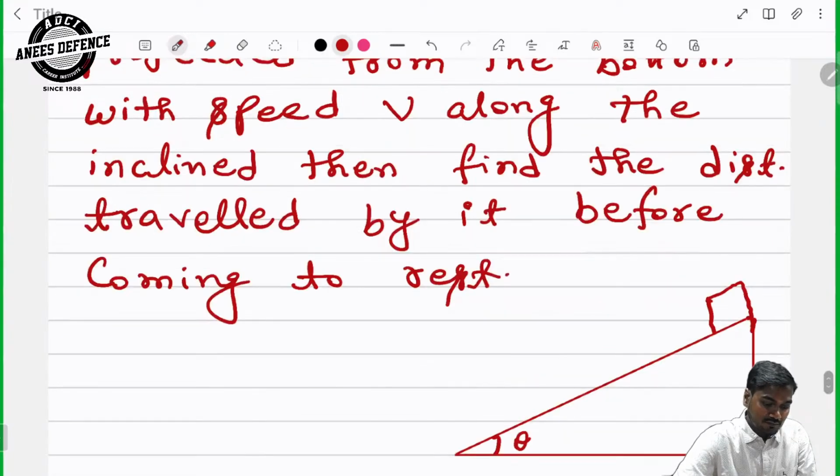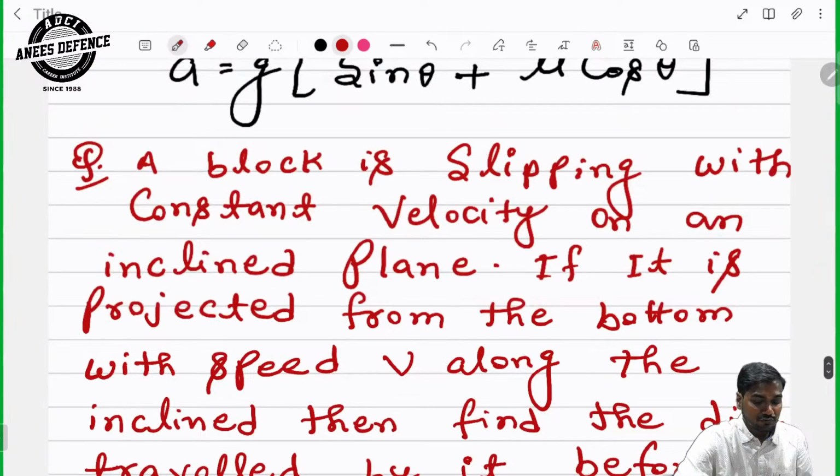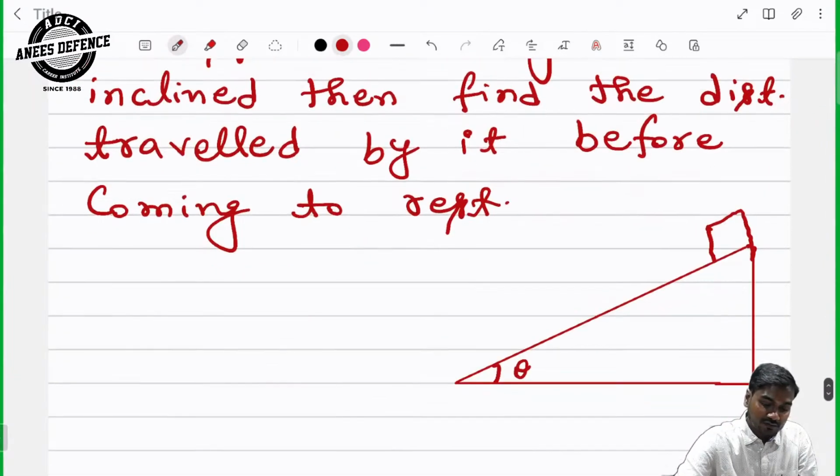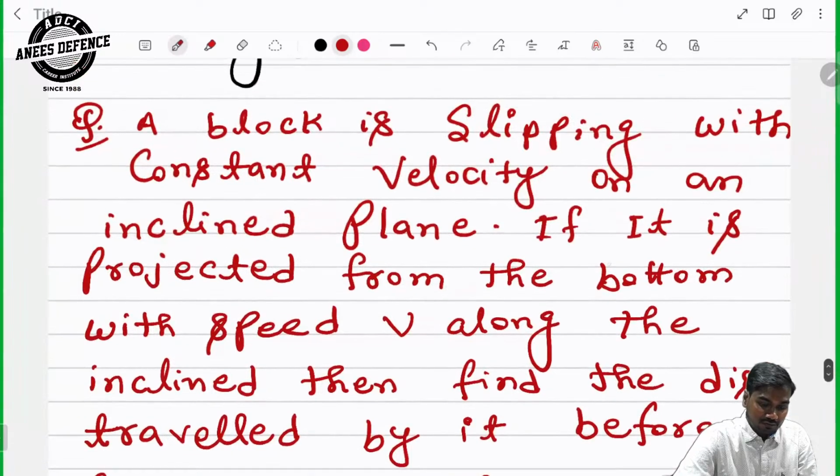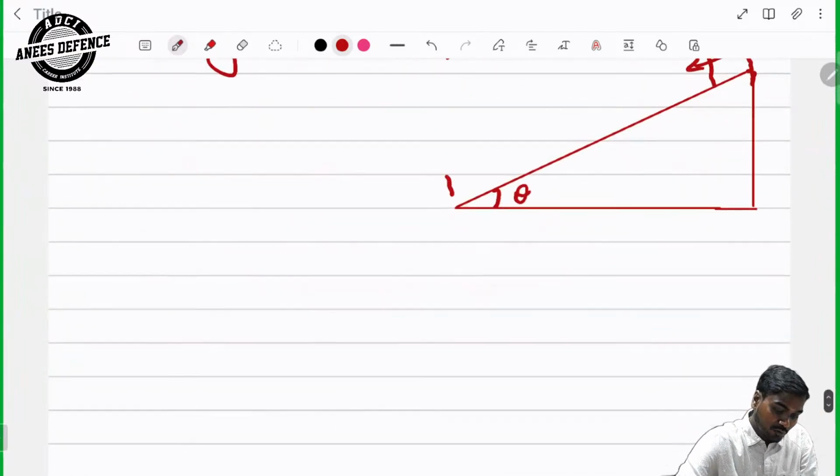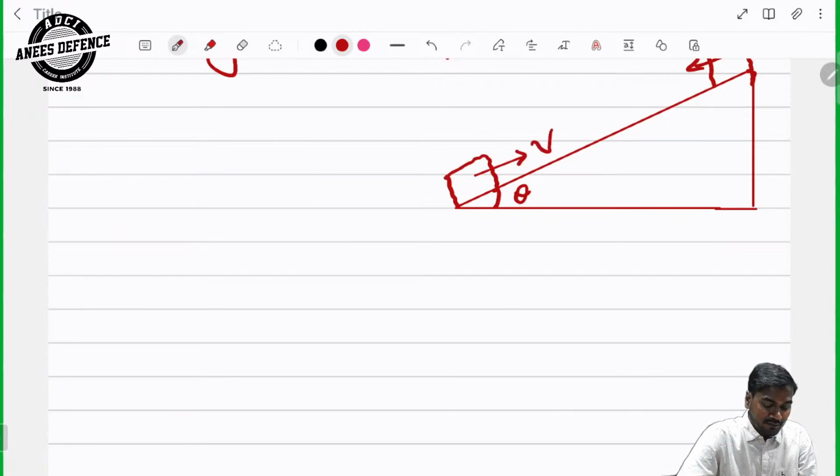A block is slipping with constant velocity on an inclined plane. Another block is projected from the bottom with a speed v. So when you draw the block diagram, what can you say?